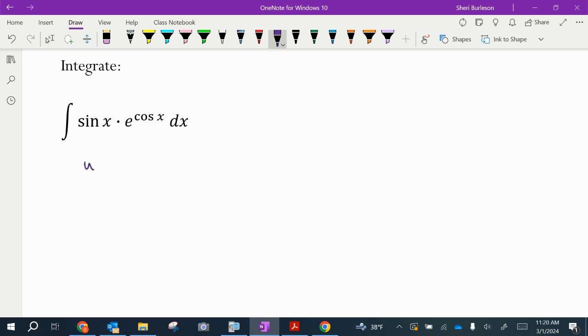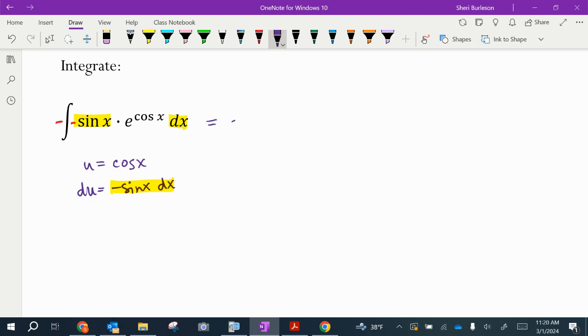So I'm going to let u equal cosine of x. So du equals negative sine of x dx. And if I'm looking for du in the function, I need the negative on the sine of x, which is going to require the negative out front. So now I can see my du.